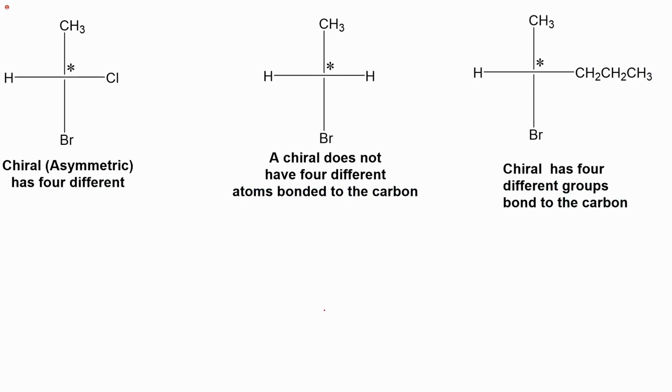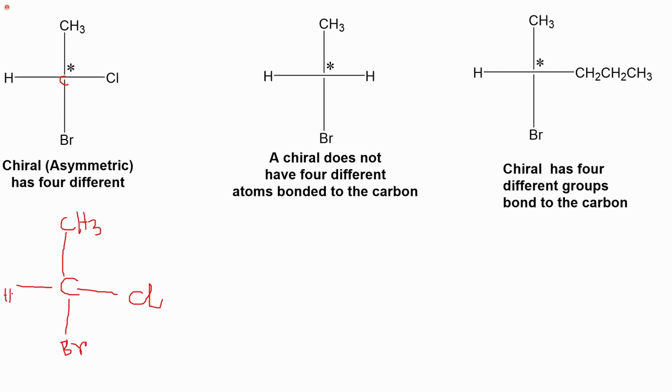Now this is central chirality. Let's say this is a carbon. I'll draw this one first: C, with one chlorine atom here, one CH3 here, one bromine atom here, and below the carbon a hydrogen.